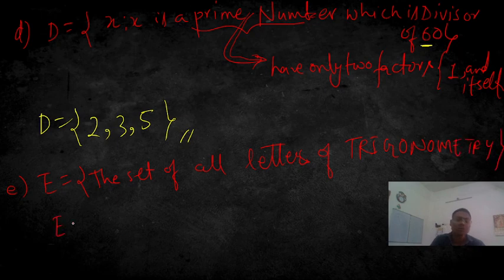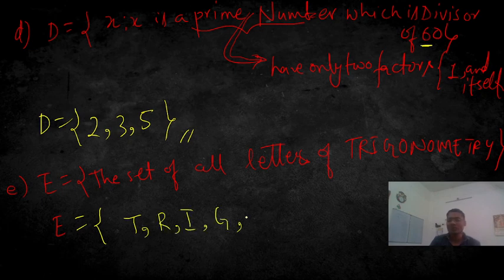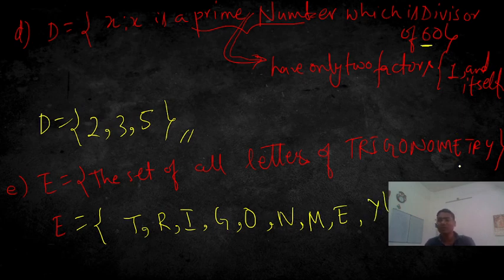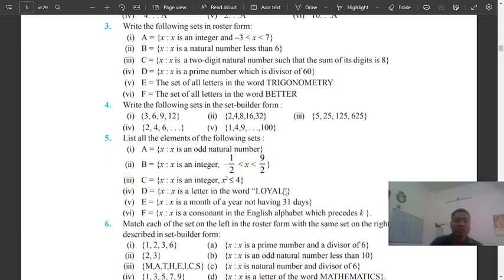So what we can write here is, you can just write all the letters separated with commas. Why do you skip the repeated letters? Because you can't repeat any letters in this representation. So coming to our last question, the set of all letters of better.